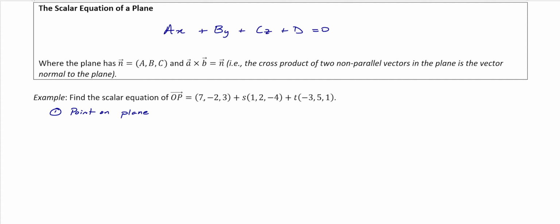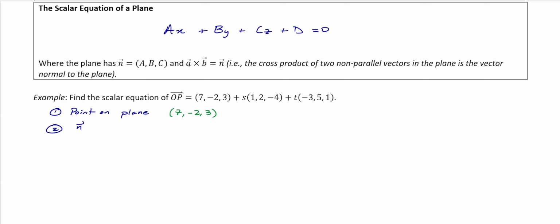That point is right here, 7, -2, 3. And the other thing that I'm going to need is a normal vector. Well, how am I going to get this normal vector? Well, recall what we have written right here. The normal vector is simply the cross product of the basis vectors.